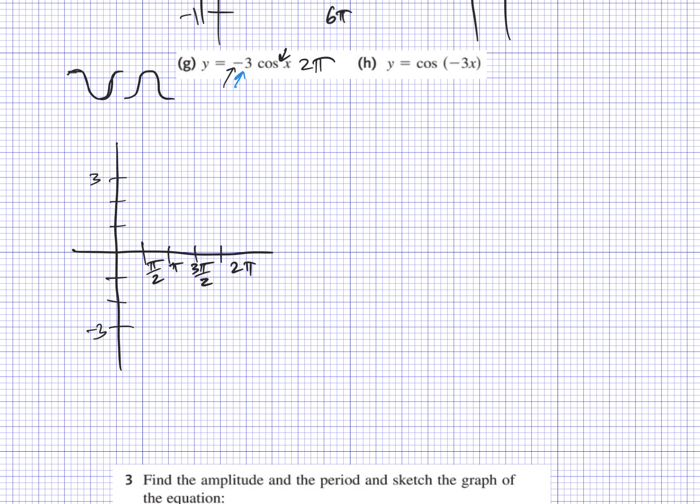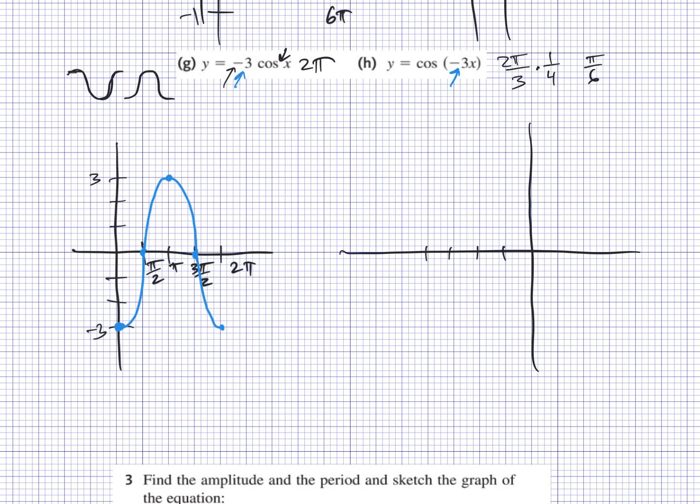All right, so now we mark it. So remember it's upside down. And it has a pretty big magnitude, or amplitude, sorry. And that's what that one's going to look like. We put the negative inside, and all of a sudden it flips it the other direction. So 2 pi over 3 is your period. Divide that by 4, which is multiplying by 1/4. That's pi over 6 again. So we're going to the left.